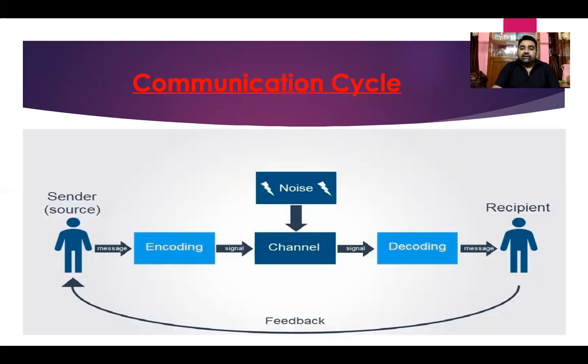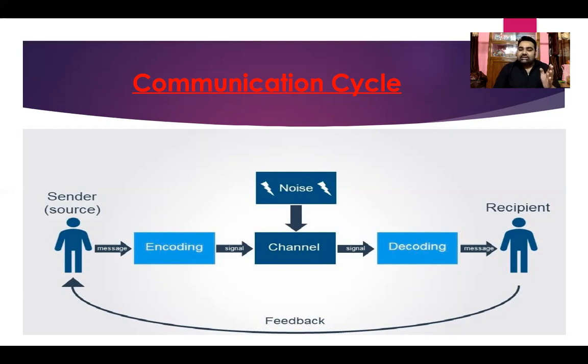So first, with the figure, get to understand that the sender is someone who is desirous to send any kind of information, whatever message he is having in his brain. It is present in a scattered form. So before transmitting the message, what the sender does is encoding.